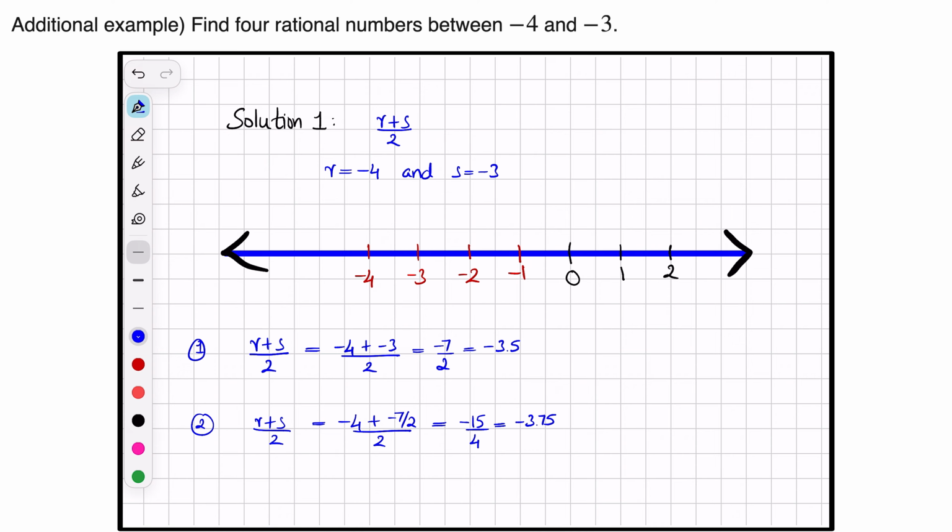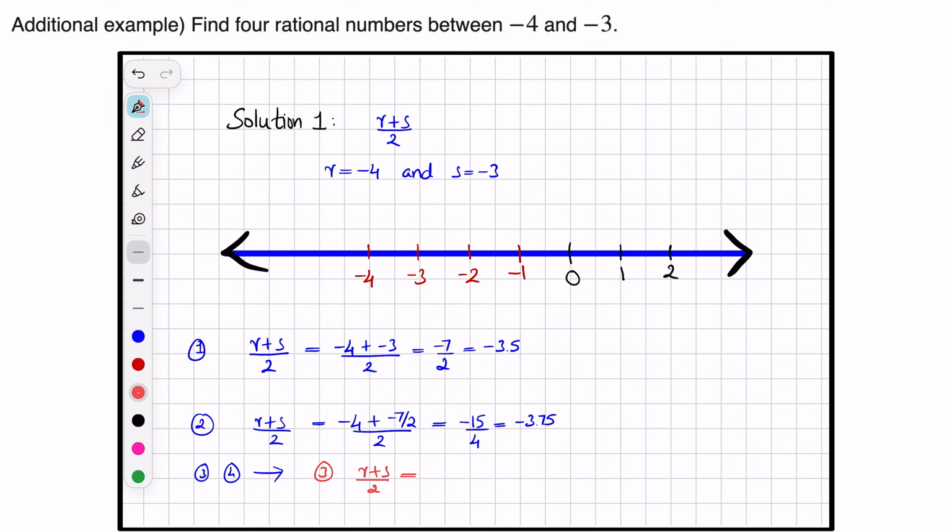For finding the third and fourth, I'll leave it as an example for all of you to practice. You can do it the same way. I will write the formula for the third also: (r + s)/2. This time I will use r as -7/2 and s as -3.